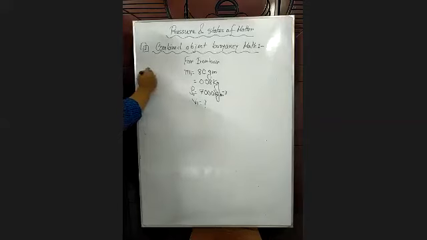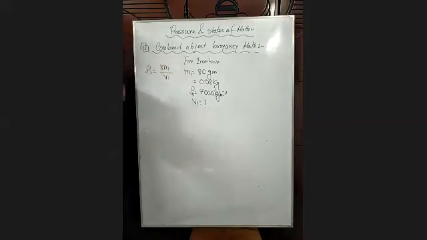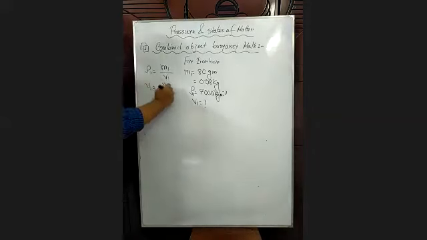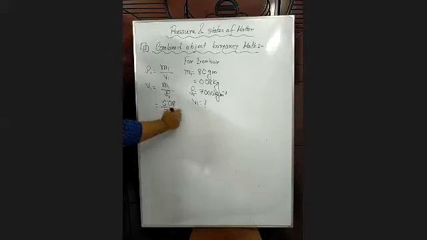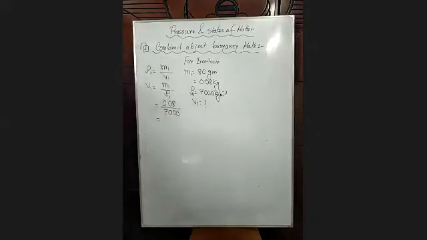We know the equation is ρ1 = m1/v1, so v1 = m1/ρ1. Here m1 is 0.08 and ρ1 is 7,000. If you divide, you get the value of v1. What will be the value of v1? Use the calculator and tell me, and I will write it on the board.